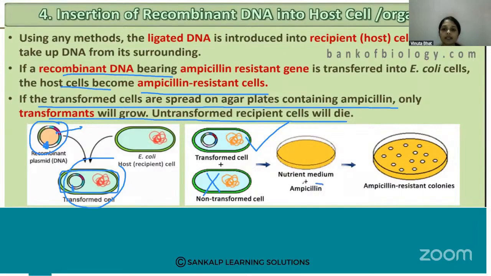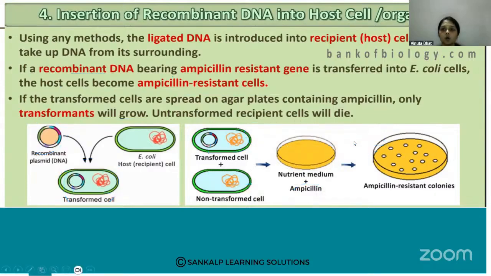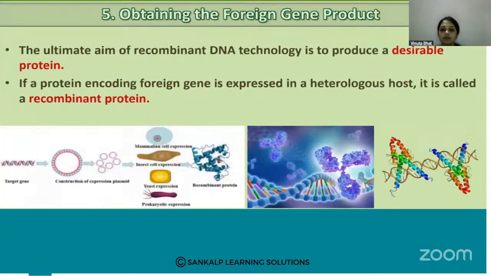Okay, because of the ampicillin resistance. So the transformed bacteria have ampicillin resistance, so they will grow. The non-transformed cells will not grow. Okay, so that is the insertion of the DNA into the host cell or the organism.